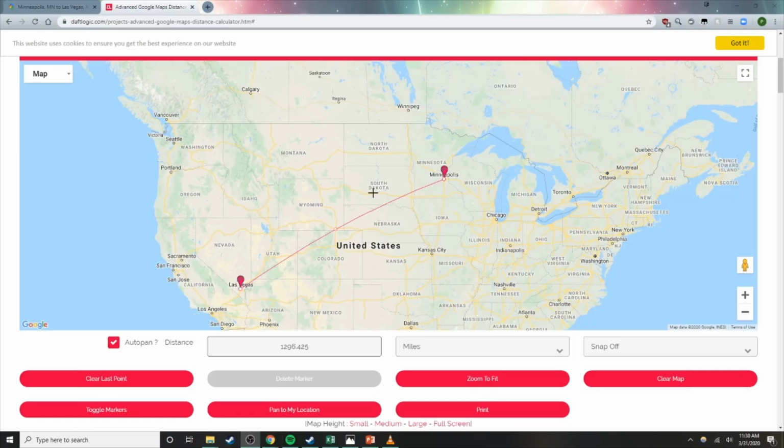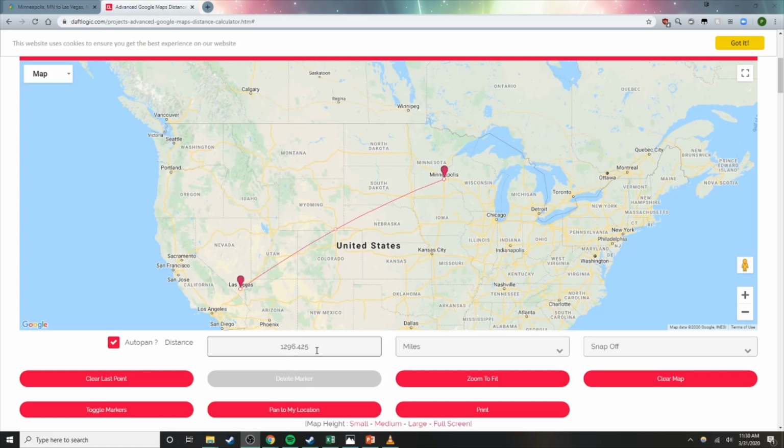I know this looks curved on the screen, but that's because the Earth is not flat, and this map is a flat representation. If this was an actual globe, it would be a straight line. Between Minneapolis and Las Vegas, this program is telling me it's about 1,300 miles. It's exactly 1,296 between the two points that I selected.